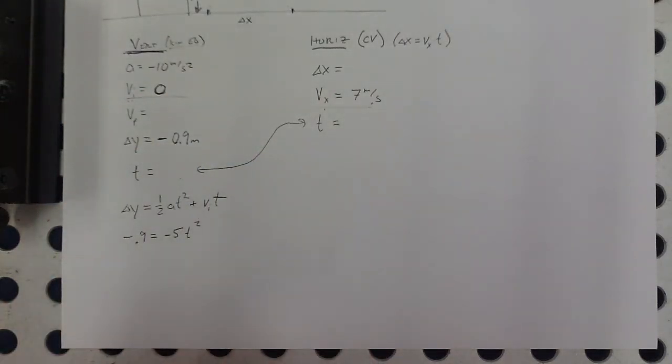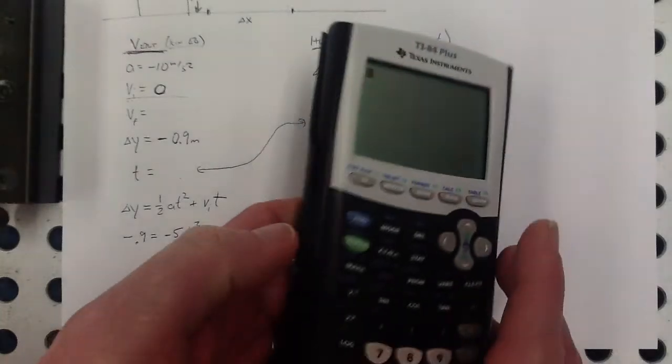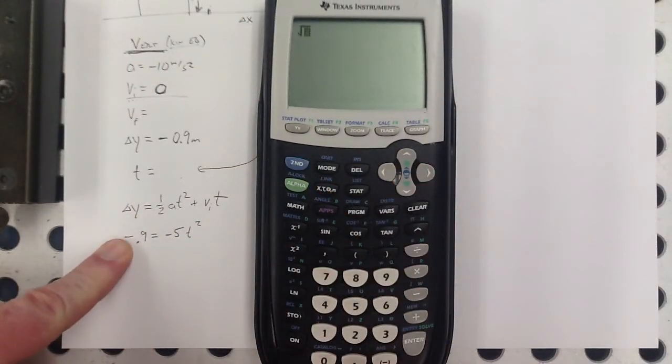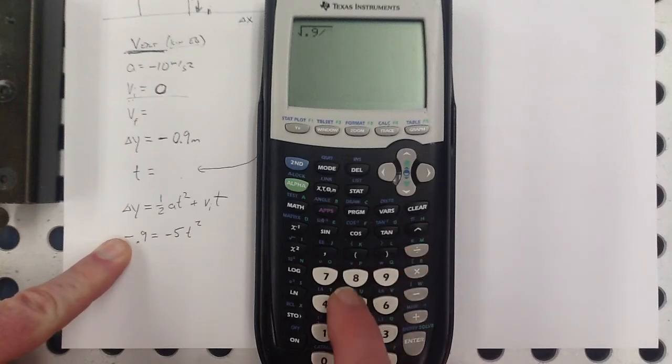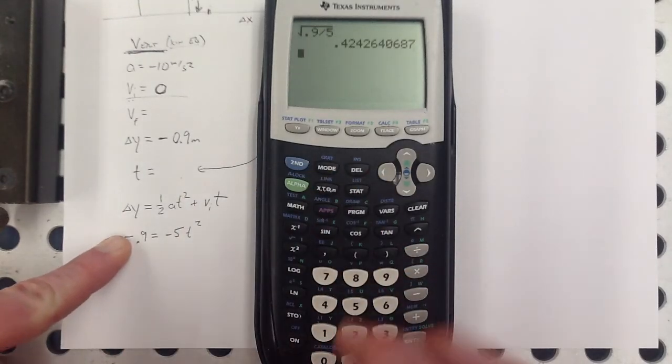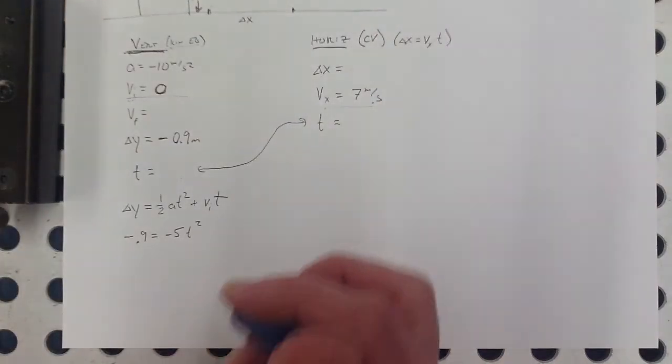And then I just need to do a little bit of math here. What's the square root, show you what I'm doing, of 0.9 over 5. The negative sign's canceled out. That's about 0.42 seconds.